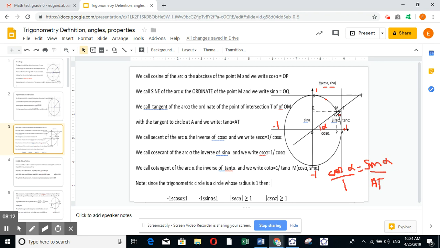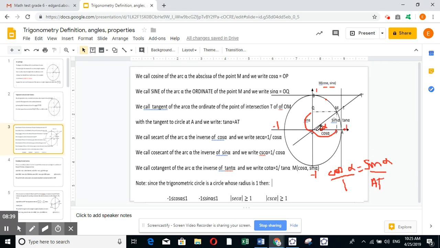So let us repeat. If you pick a point M on a circle, this trigonometric circle is a circle whose radius is 1. If you project on the x-axis, this measure here is called cosine alpha. And this measure here, the projection on the y-axis, is called sine alpha. And the line AT here is called tangent alpha, which is sine alpha over cosine alpha.